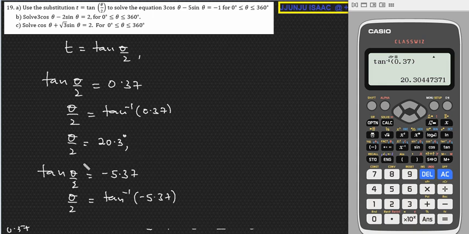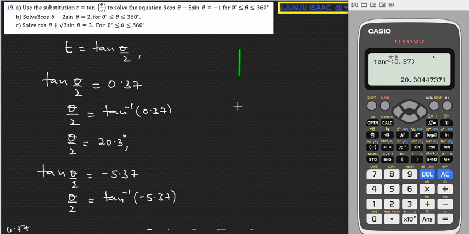But now we need to find where tan is positive. Tan is positive in the third quadrant, so 180 plus this. But that will be out of the range because we are going to multiply by 2. And when you multiply 180 by 2, you will be getting an angle which is outside this. So that stops there.